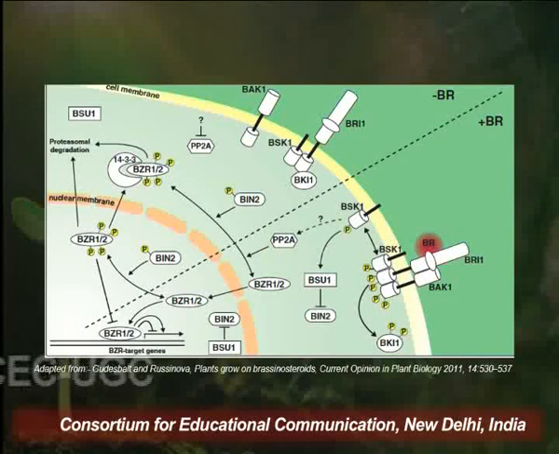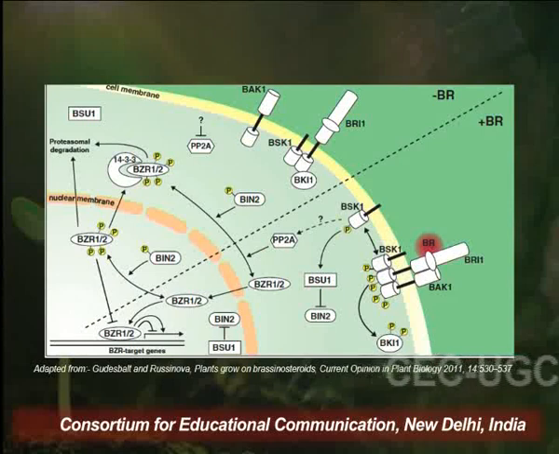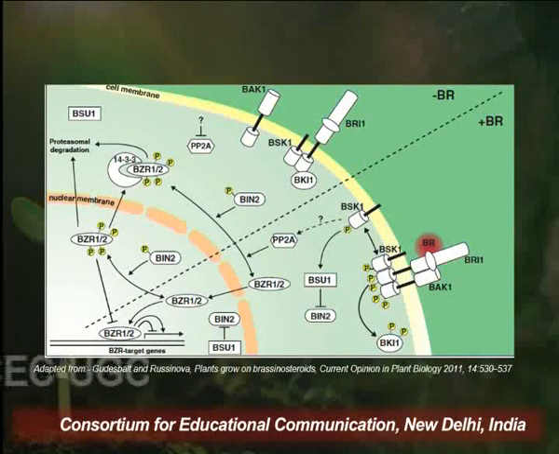Once they enter the nucleus, they exhibit a positive effect on brassinosteroid response elements, and these response elements further upregulate the expression of the genes that are responsible for the brassinosteroid mediated action on the plants. So this is how brassinosteroids exhibit effect on the plant.